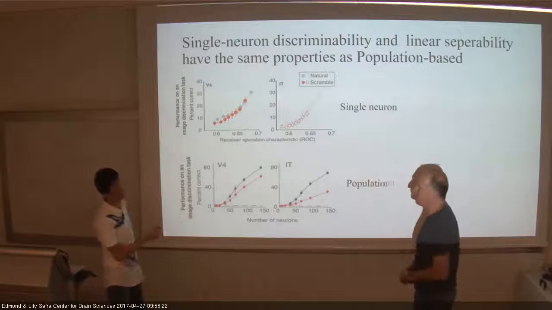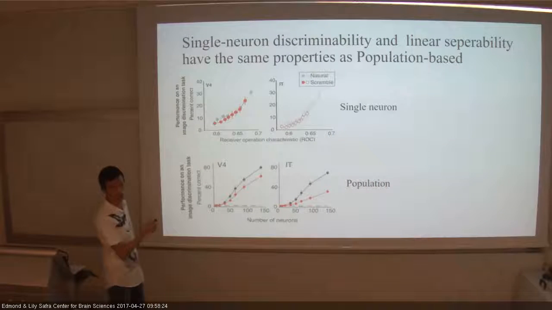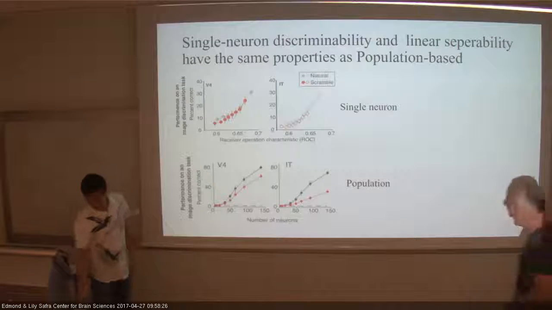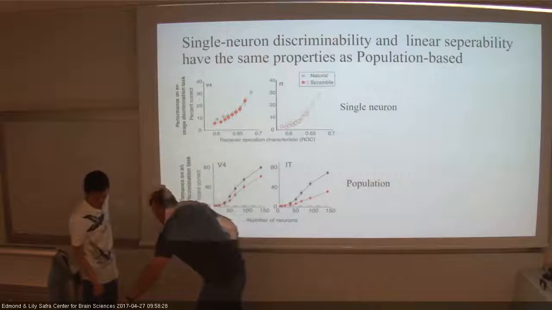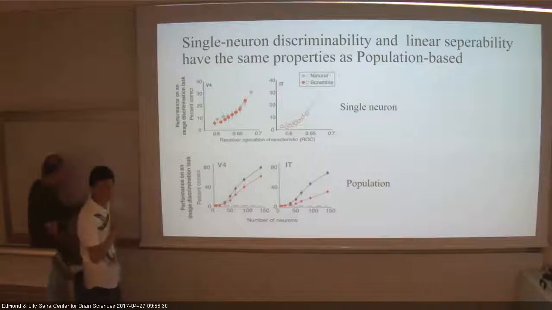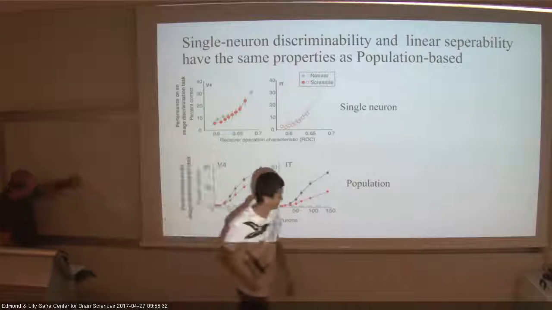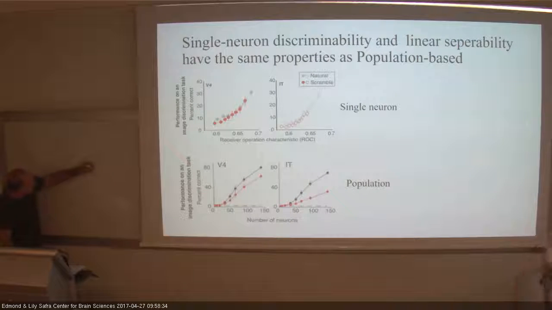Yeah. How do you define the ROC? I mean, how do you determine it? Remember that we talked about these two distributions? You have a distribution for one stimulus and a distribution for the other. This is stimulus 1 and stimulus 2. ROC is the difference between them, right? That's the firing rate you get for one and for the other.